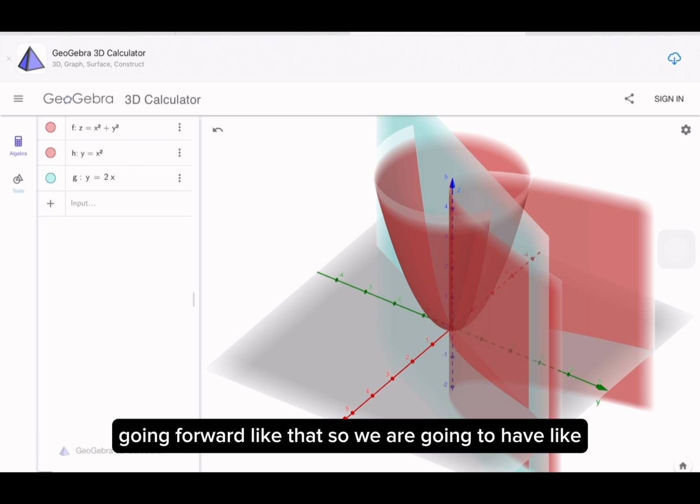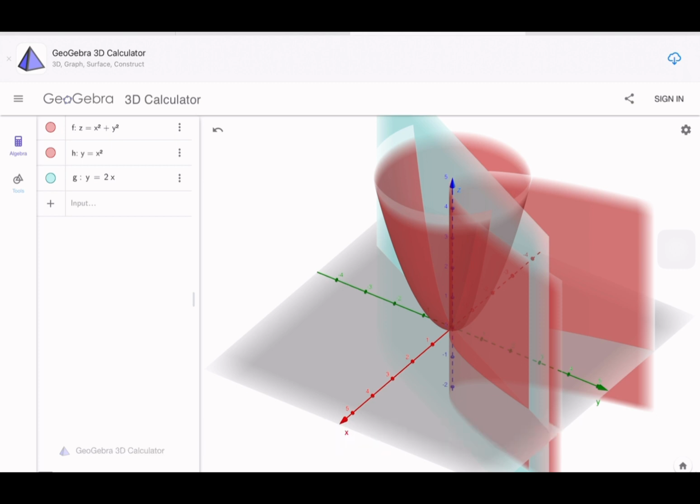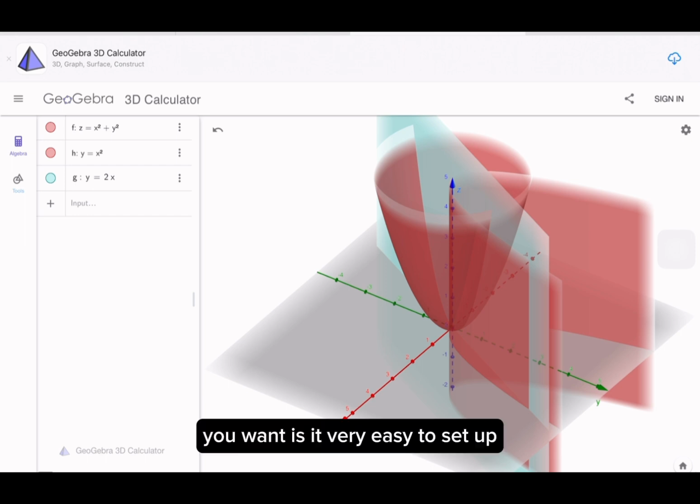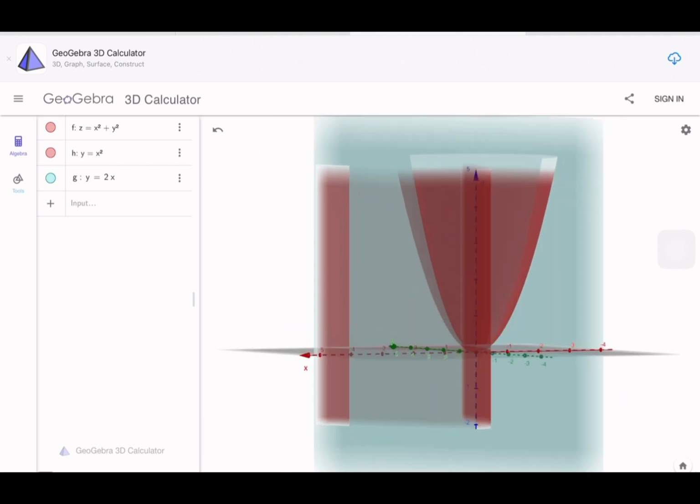So we are going to have like the volume. You can check using the GeoGebra if you want. It's very easy to set up.